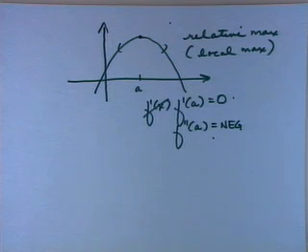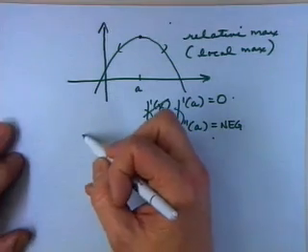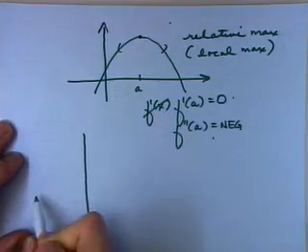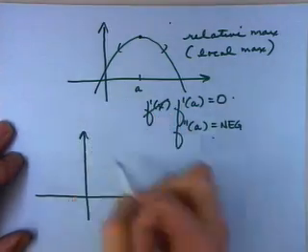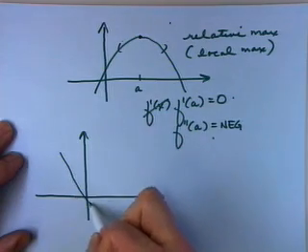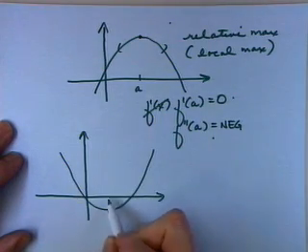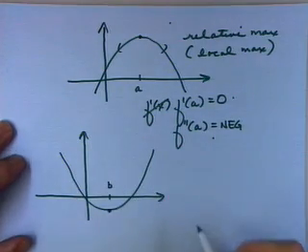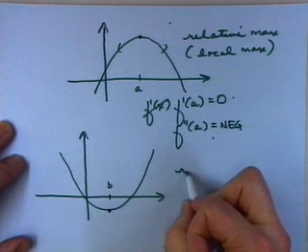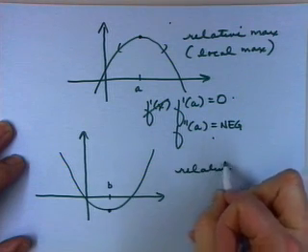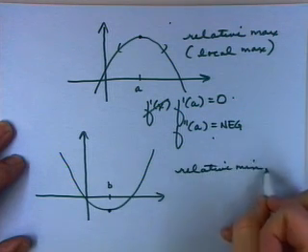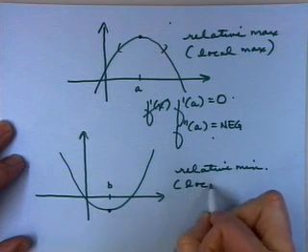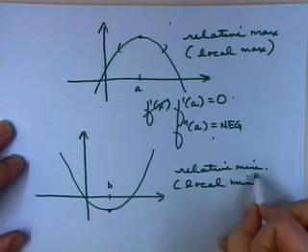What has to happen for us to have a relative minimum? Slope is 0 and concave up. Okay? Call that B. So here we have a relative minimum, or a local minimum.